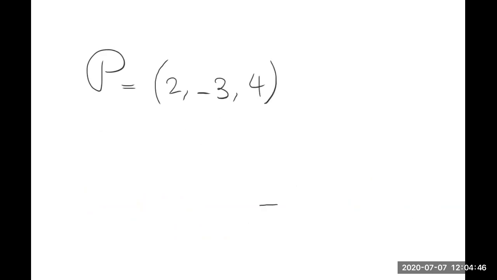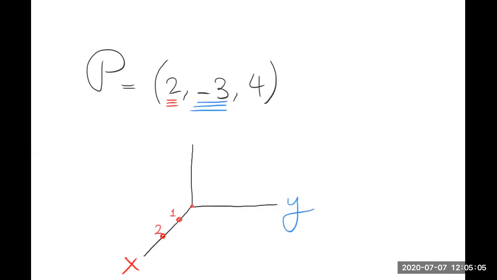So we have our 3 directions. The first component is 2. So in direction of x, we look at the point 2. So we have 1, and then we have 2. The second coordinate is -3.